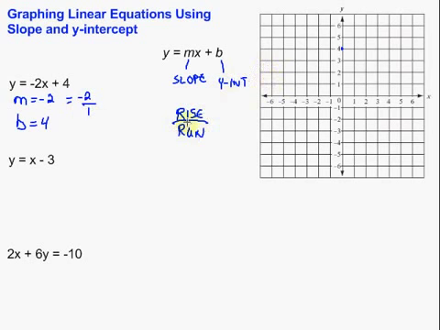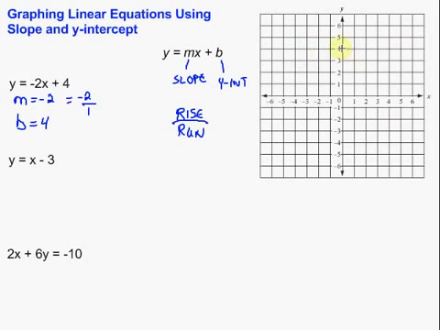Now if we want to rise -2, that means we would go down 2. Let's just back up for a second. Rising is positive, positive is up, and then negative would be down. When we're running, the positive direction is to the right and negative is to the left.